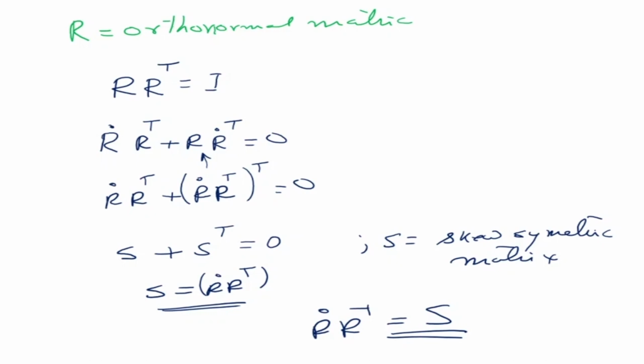Now, we can also derive the same thing by looking at the velocity of a point due to a rotating reference frame. If we have a point P, we have seen that AP is equal to the rotation matrix R into BP. This is a point P expressed in frame B, which can be expressed in frame A by putting in the rotation matrix.